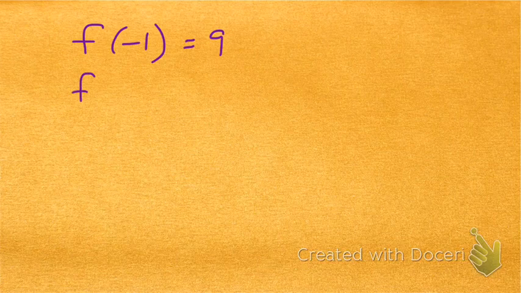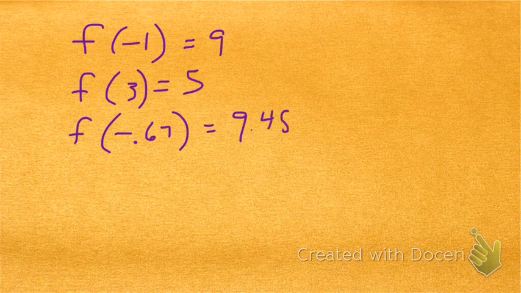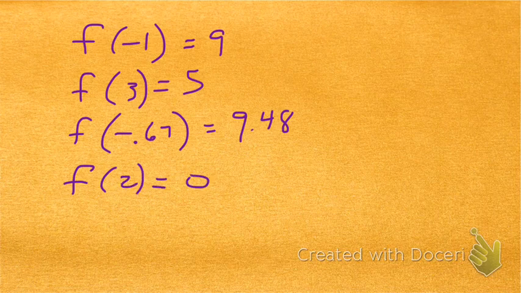Okay, so recall. We found that f of negative 1 was 9. We found f of 3 was 5. We found f of negative 2/3, which is about this much, is equal to 256 over 27, which is about that much. And I realize now that considering the decimal is rather helpful, because we're looking for the highest or lowest y value.